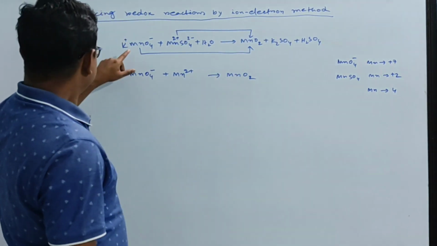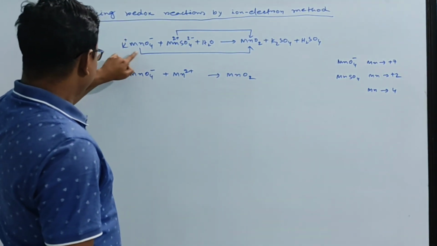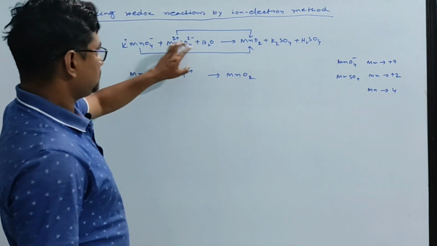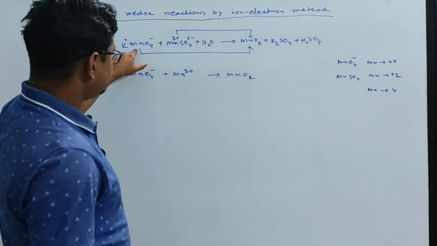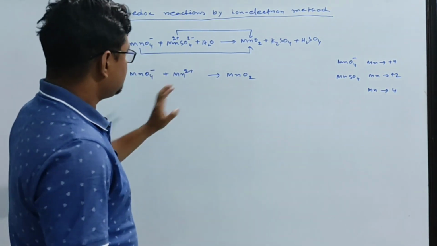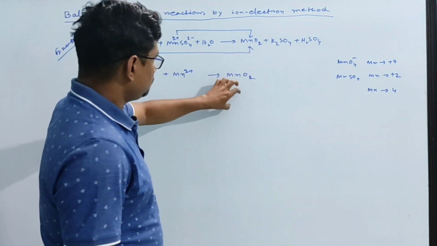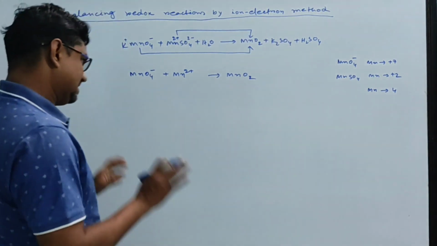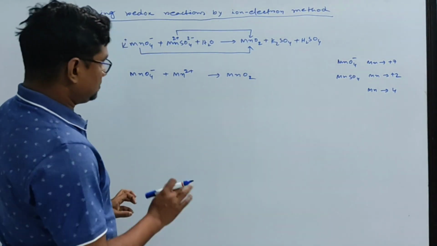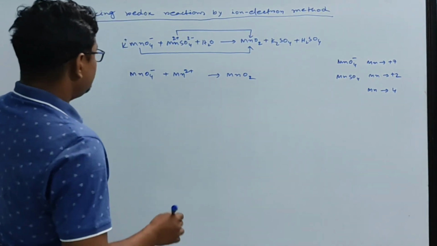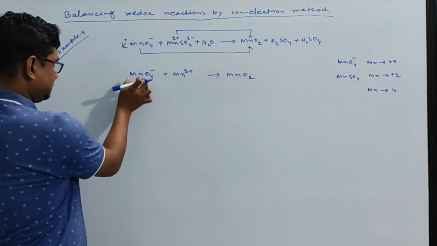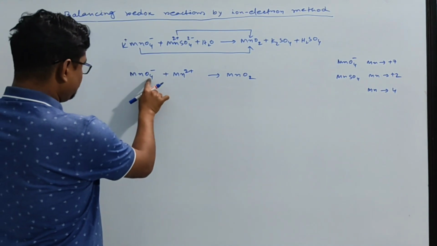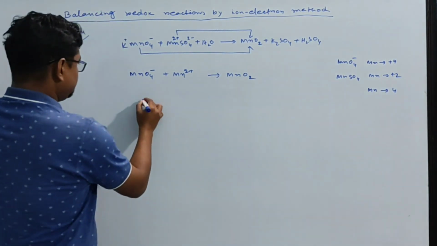KMnO4 is an ionic compound, MnSO4 is an ionic compound, so we can write MnO4 minus for permanganate and manganese ion as Mn2 plus, but MnO2 should be written as it is, as MnO2, because it is a covalent compound. Okay, so let's balance the first process, that is MnO4 minus going to MnO2.